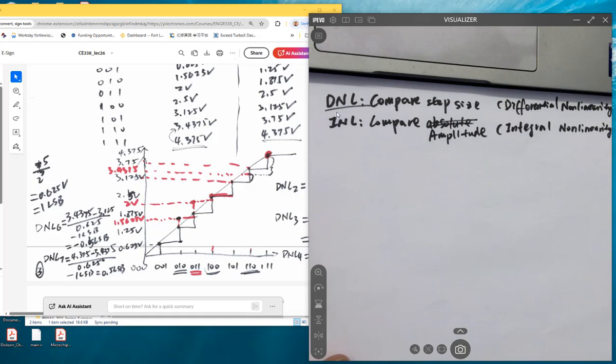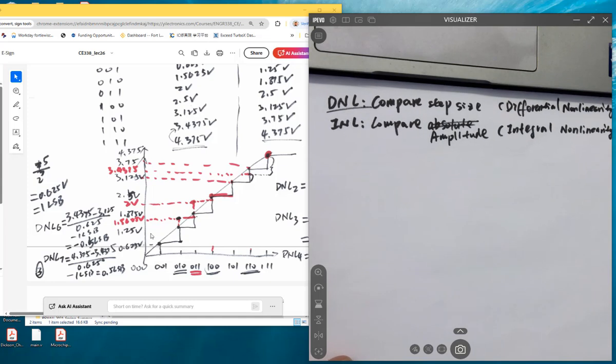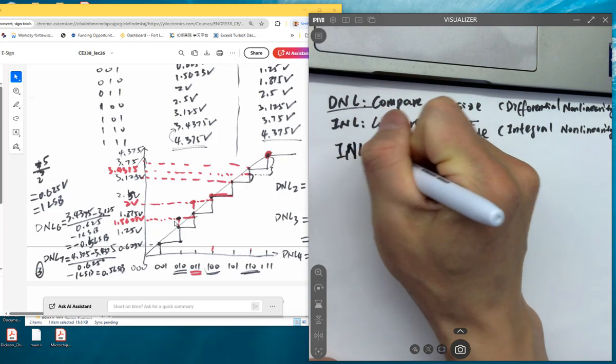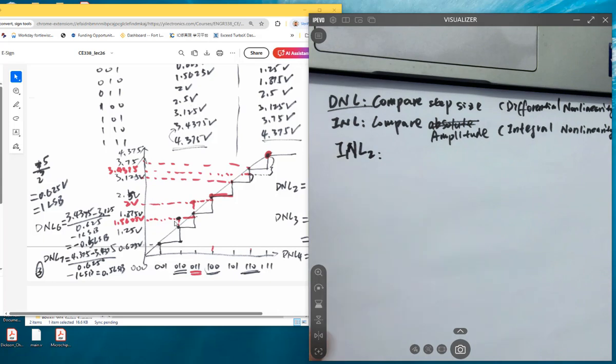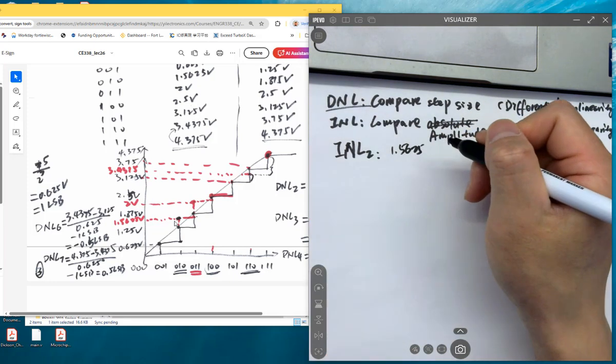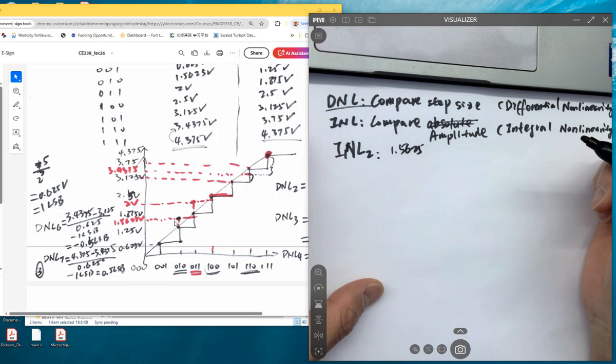What about INL? So DNL we already have DNL2 to DNL7, and now let's look at INL. INL is actually comparing the amplitude of this point to the amplitude of the point on the ideal curve. Right? So what about the first INL, INL2, right? 1.5625. This point, right?